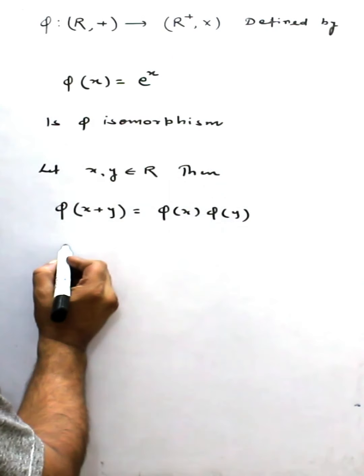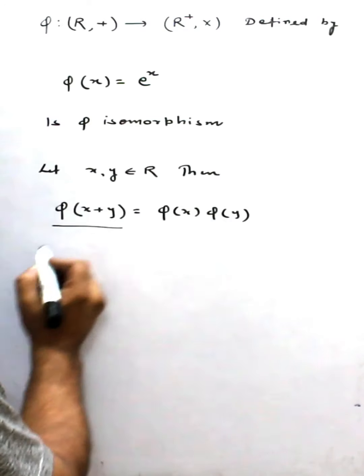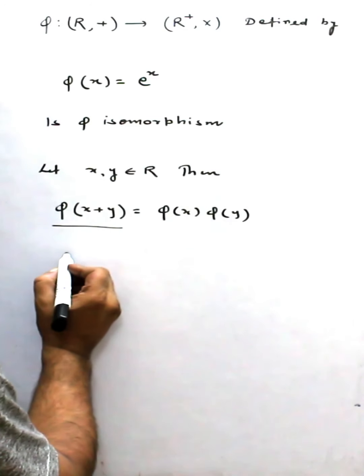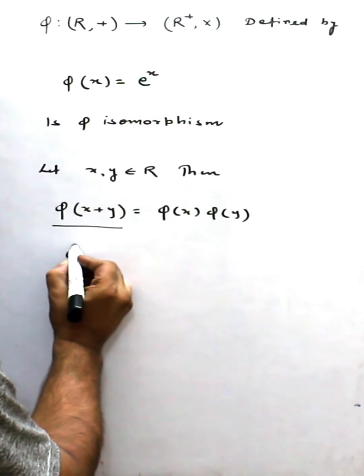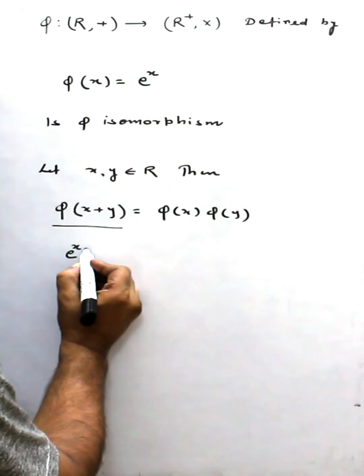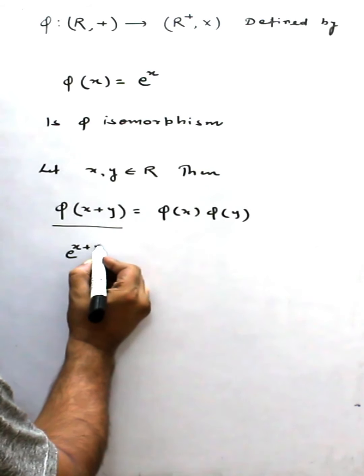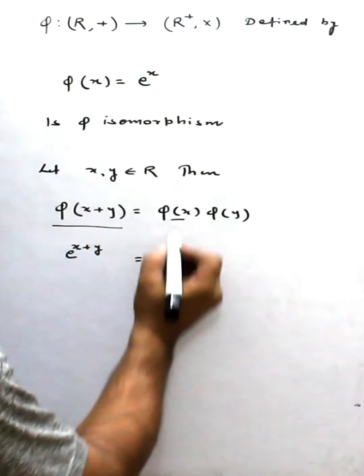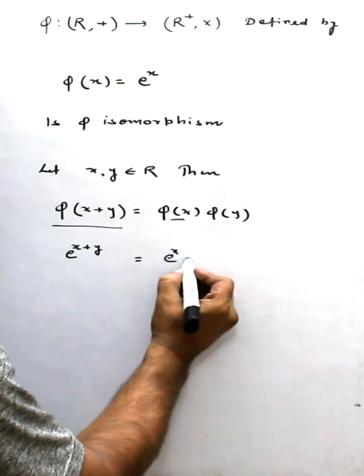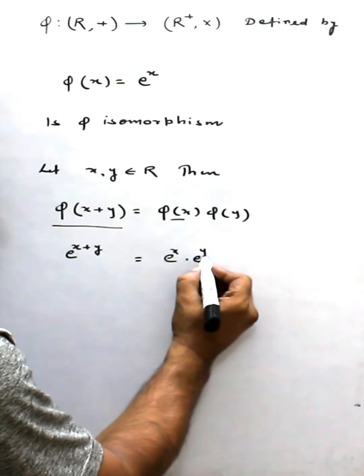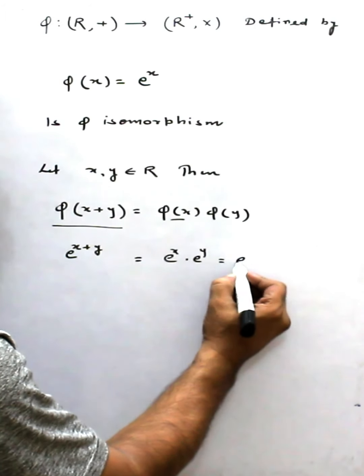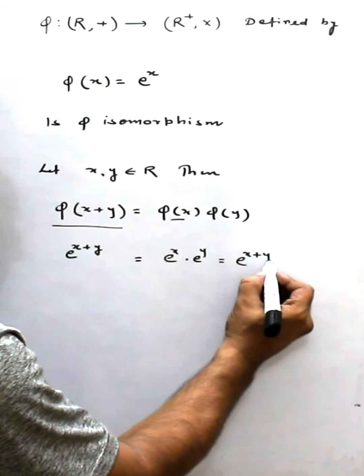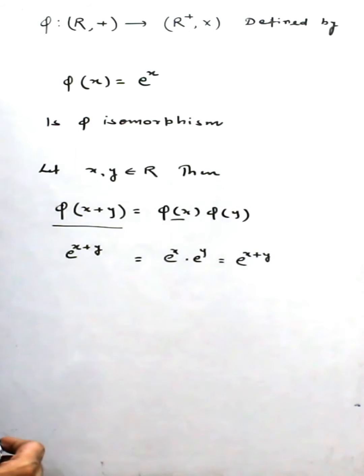So left hand side means e^(x+y), and this means e^x, and this means e^y, and this is again e^(x+y). 1-1 and onto is easy.